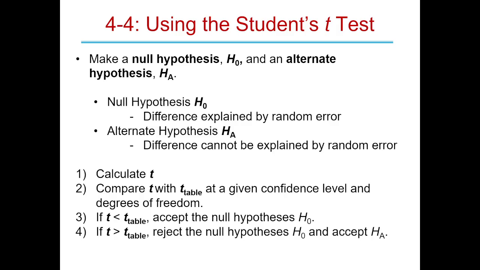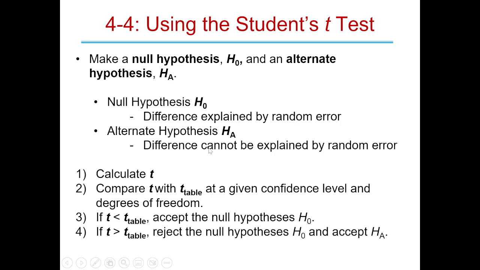So you always make a null hypothesis, that is H0, 0 for null, right? And an alternative hypothesis, HA. Your null hypothesis in a t-test, student's t-test, is always that the differences are explained by random error. Okay? You don't get a choice.